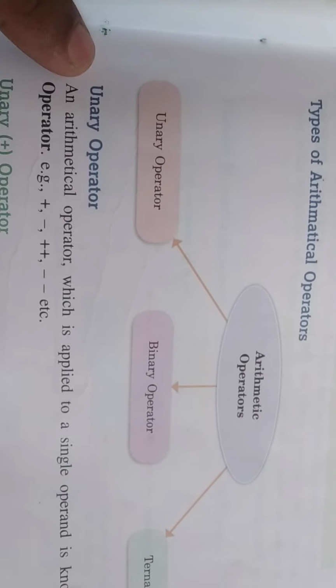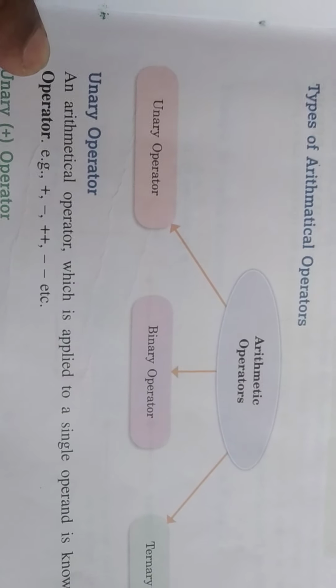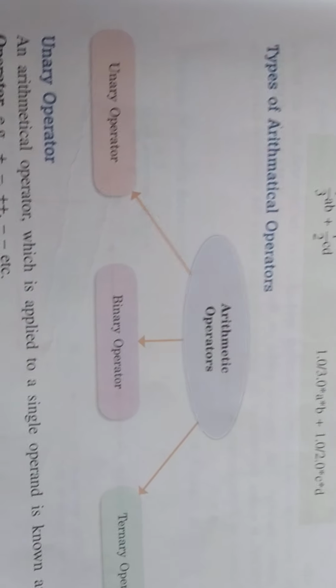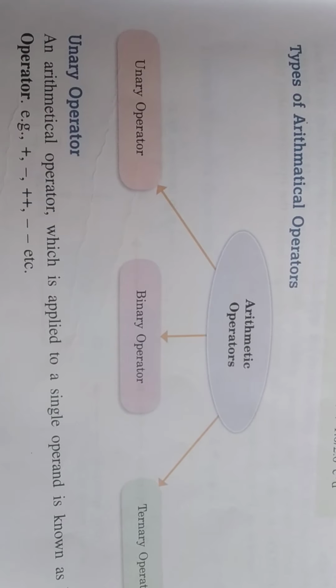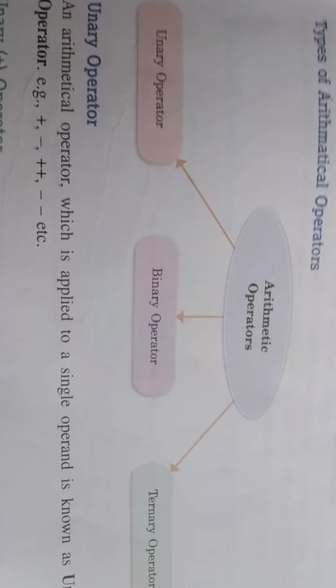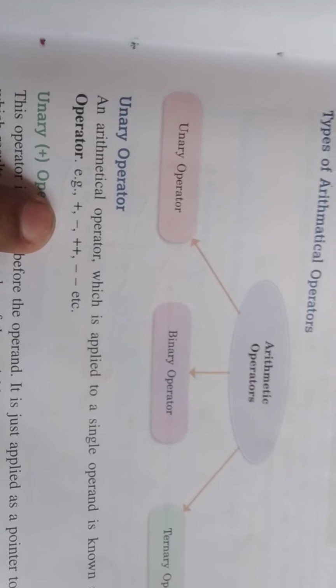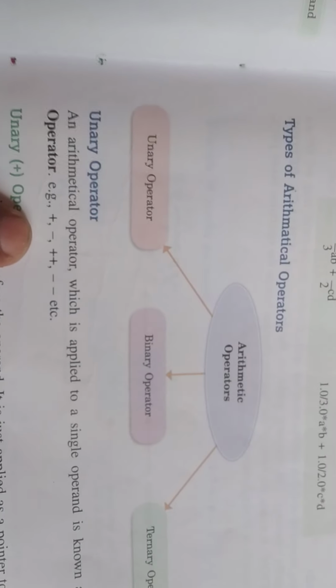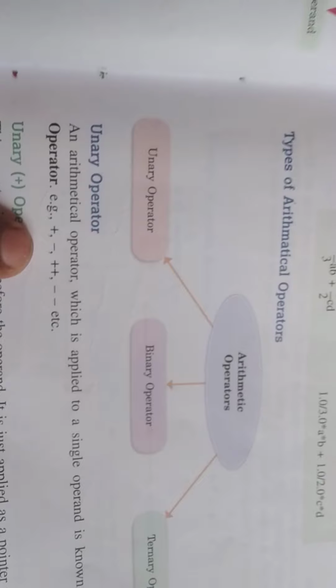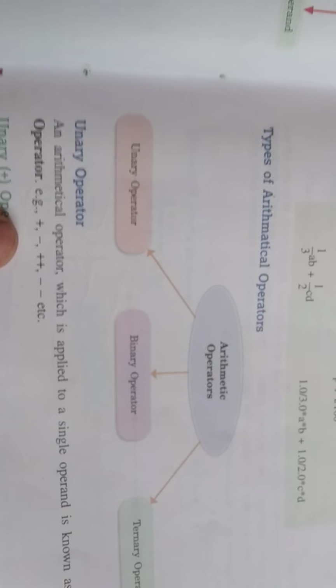What is unary? Unary is nothing but the operators which operate on a single operand. As I said, operators are mathematical symbols that are used for certain calculations.